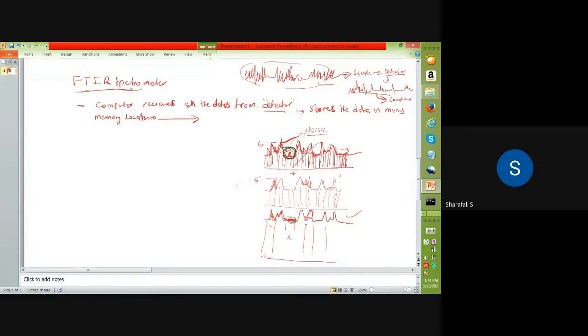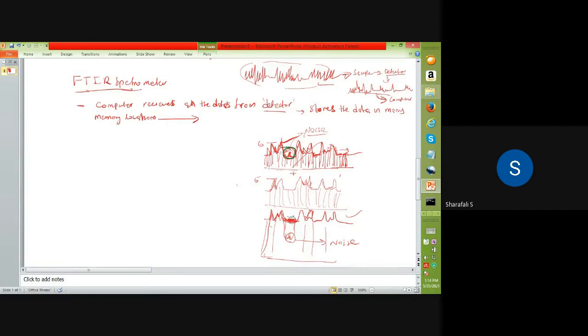And if you are considering a large number of such signals, such patterns, then we will be having very low intense noise here. Noise will be very low, and we do not have to consider such kind of noise because the amplitude of such noise will be getting reduced, and only we have to consider this signal.